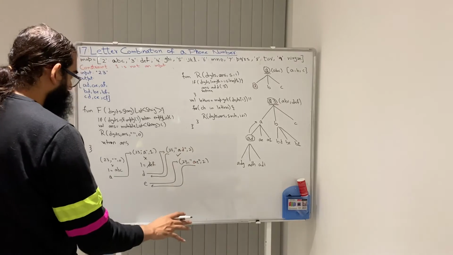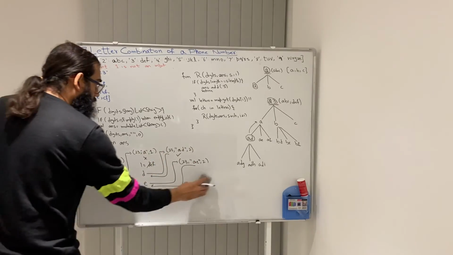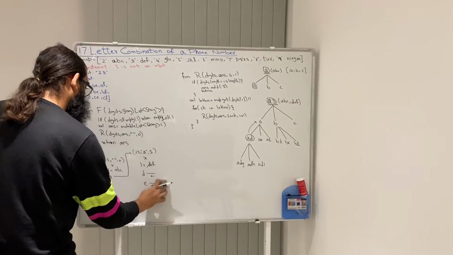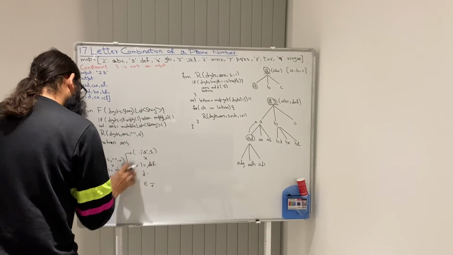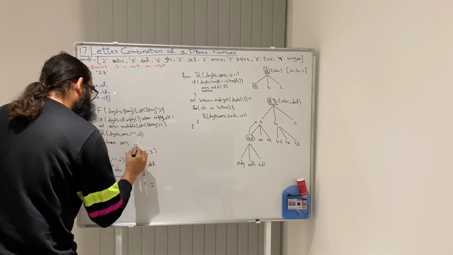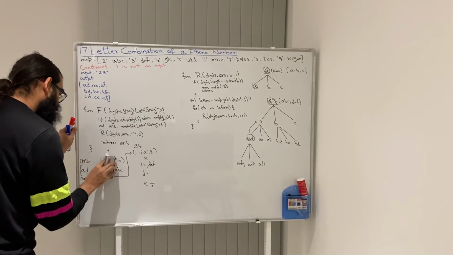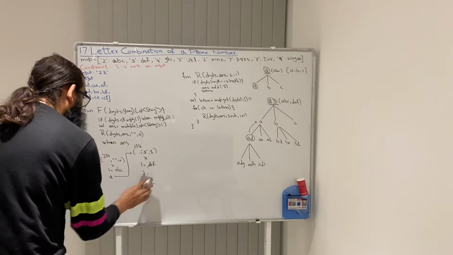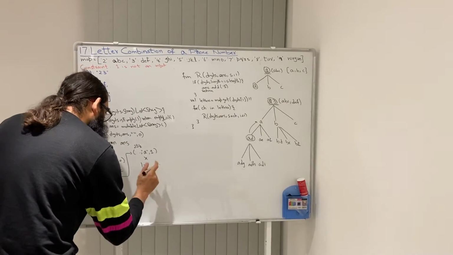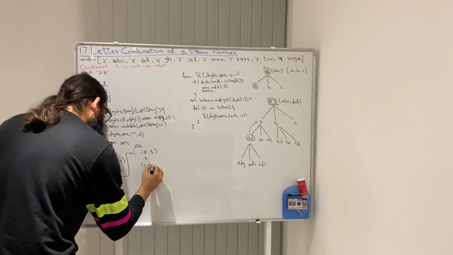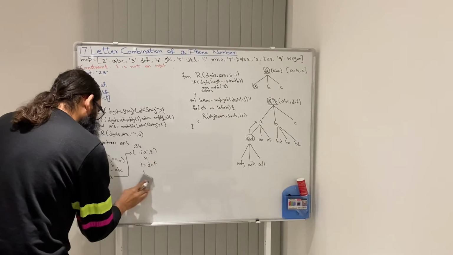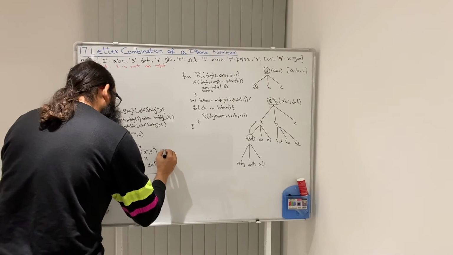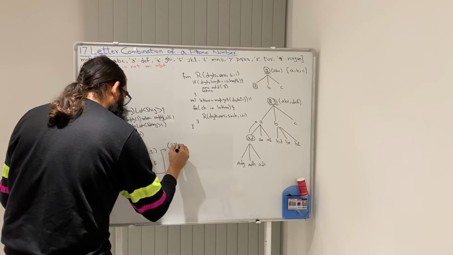So how will it work? Okay, now I'm going to change it directly here. If I have digits like this, 2, 3 and 4, and here also 2, 3 and 4. In this case, what will happen? I will get my L as D, E, F, and now I'm calling for D. This time my digits are 2, 3, 4.